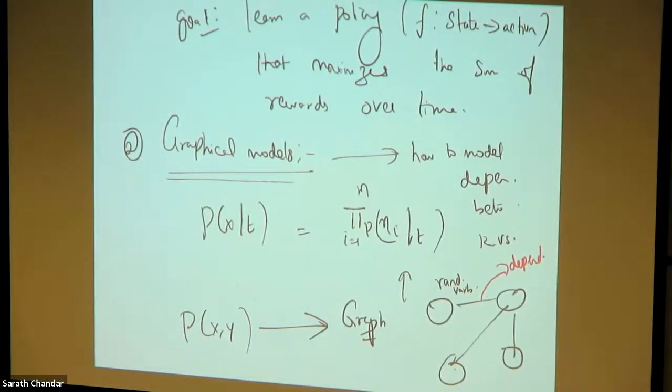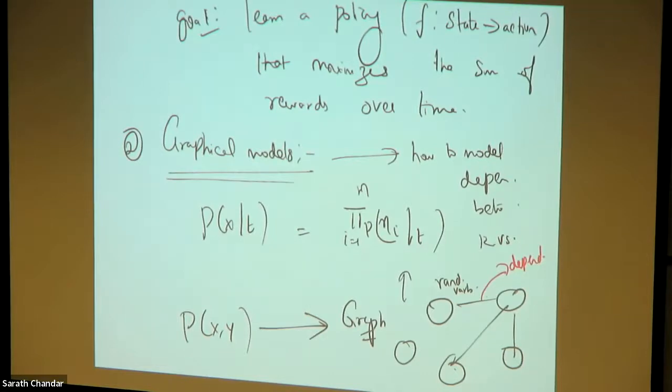For example, let's say I have one more node which is separate here, and this node is independent of all the other nodes. Graphical models are also described as a marriage between probability theory and graph theory. All the algorithms that you can come up with for learning with graphical models involve both graph theory and probability theory.